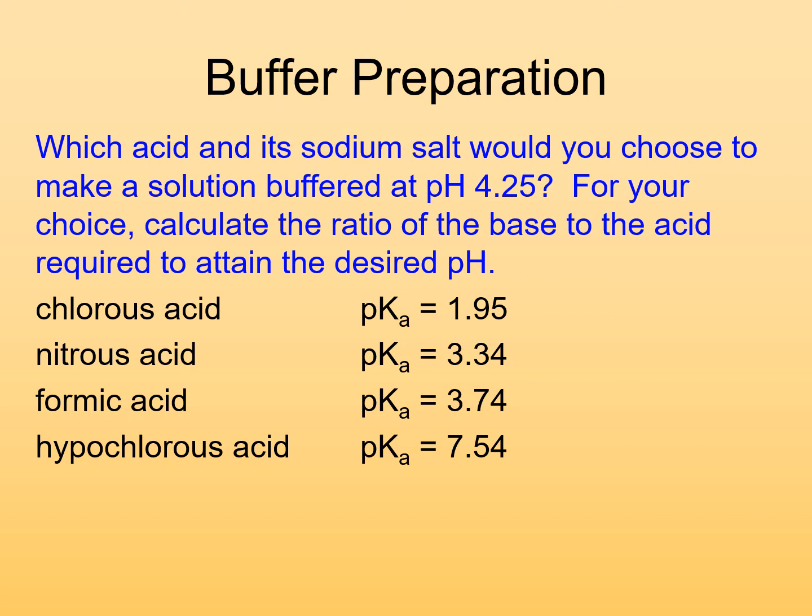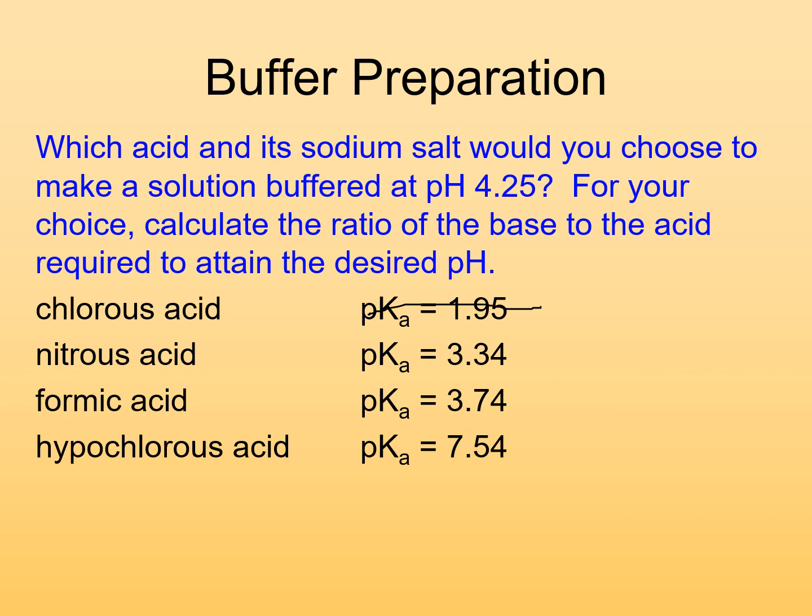So to choose the appropriate buffer, we want to find the one that has the closest pKa value to our desired pH. So if you look at chlorous acid, 1.95 is not within one pH value of 4.25. So it's not going to be chlorous acid.